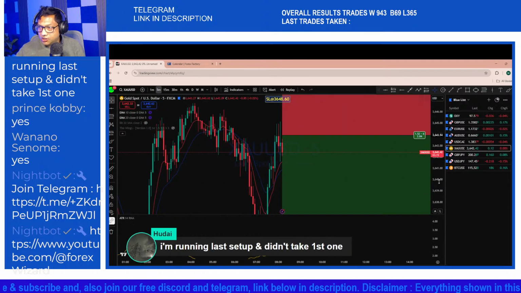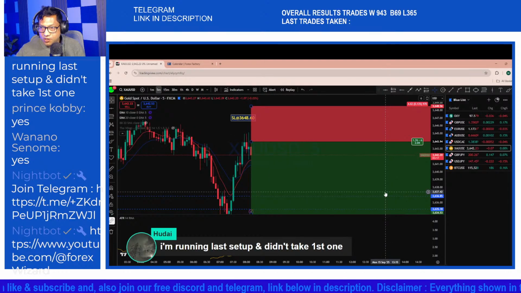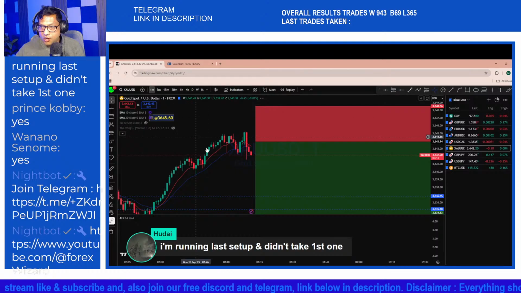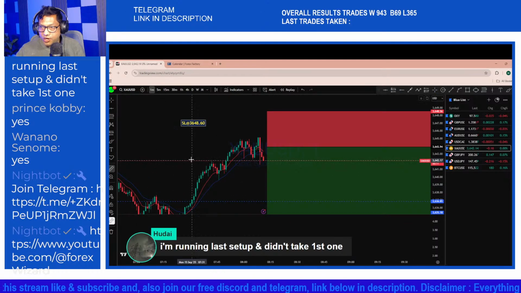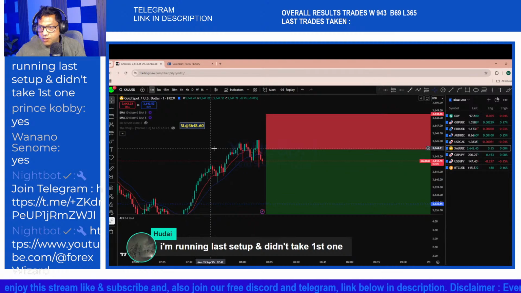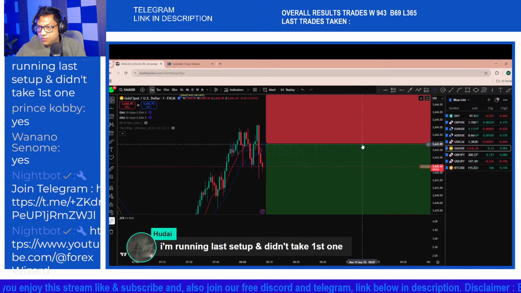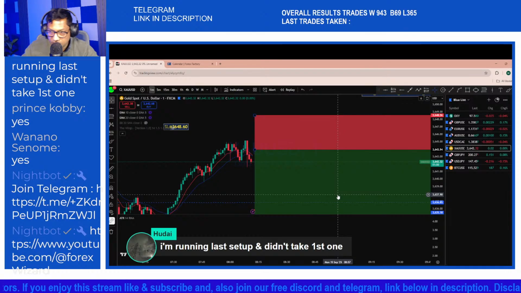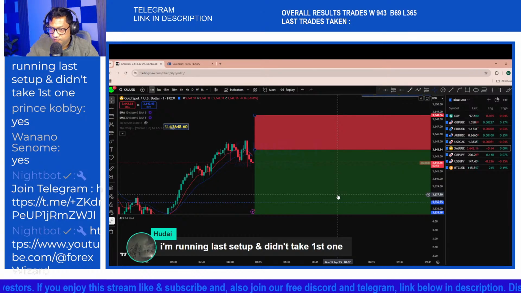The way the market structure has formed, I think potentially the market could drop back here to this key level of support, and I'm running both trades at the moment. The second position is running around 18 pip, and I'm waiting to see that it's getting the rejection from the high.